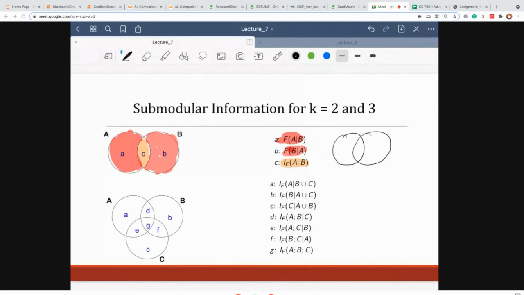So what this green area means is that I'm taking the information of A, right, but I'm subtracting out the information of B, right? So one way you can view this from an information theoretic perspective is that I take the complete information, which is f of A union B, which you can also call f of A comma B, not necessarily from a joint or bi-submodular perspective, but from an information perspective, right? So this is the joint information between A and B, right, minus the information of B.